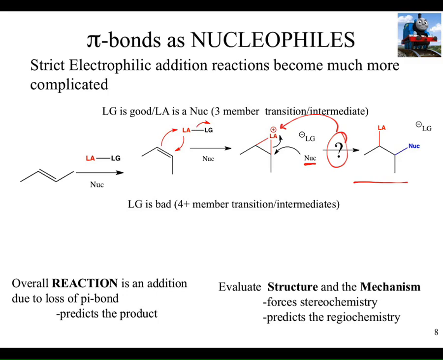Well, what happens if our leaving group is bad? If the leaving group is bad, it can't leave on its own. But the Lewis acid has too many electrons, so those electrons have to go somewhere. Instead of those electrons going out to the leaving group and then disappearing from the structure, what they will do is immediately come back to stabilize that forming carbocation.